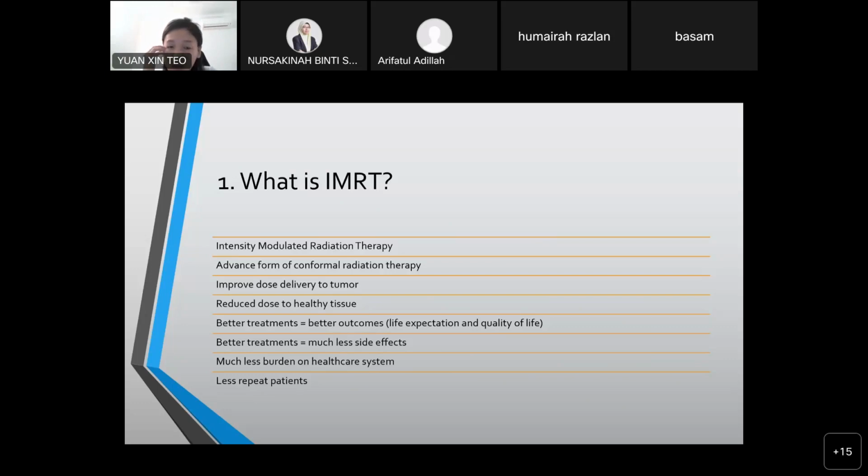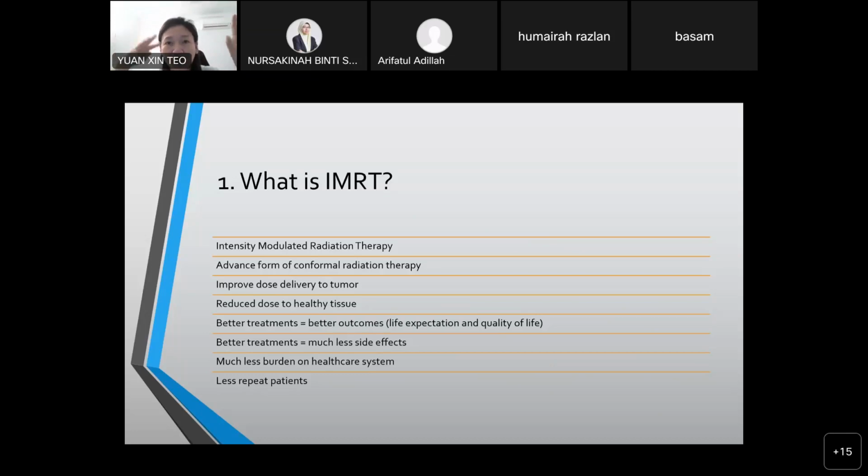If we are using the IMRT technique, the dose to kill the tumor cells is much higher, so the recurrence rate will be much lower. For example, if you treat with IMRT, your life expectancy may be 5 years, while if you treat with 3D, you have maybe 3 years only.